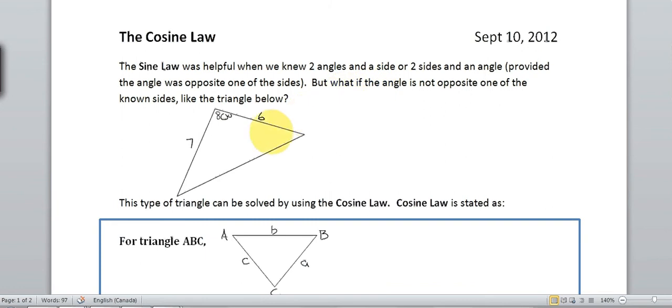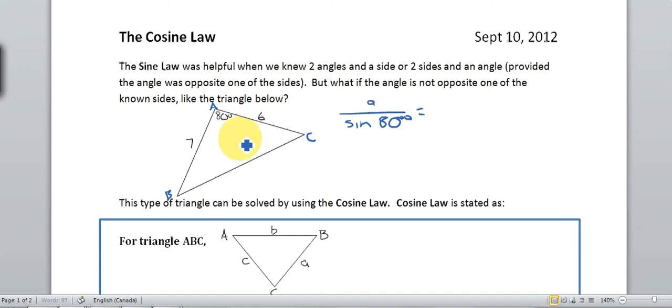If you look at this, let's label this triangle A, B, C. If we tried to use sine law here, we would come up with something like this. Let's say we have a over sine A, so a over sine 80, equals, and then we could choose c or b.